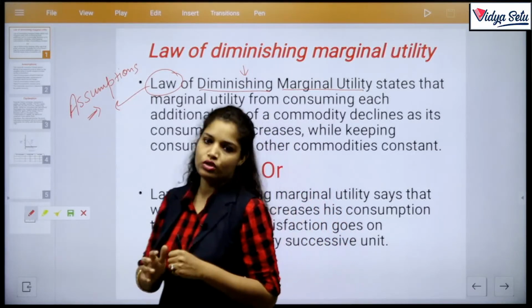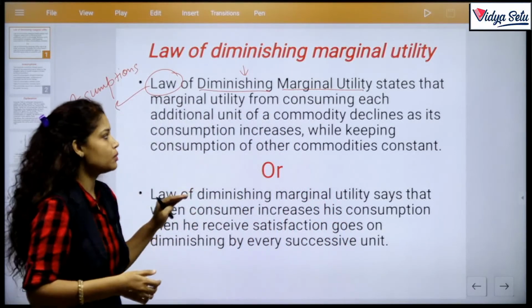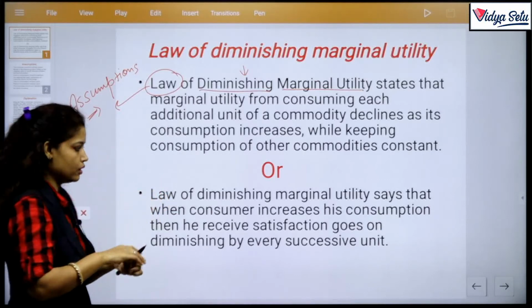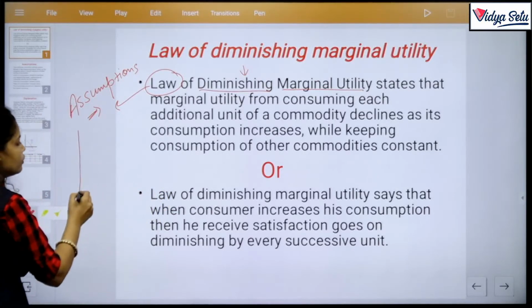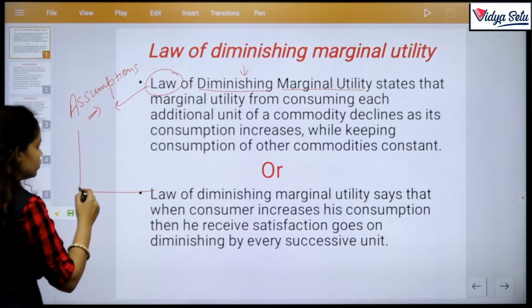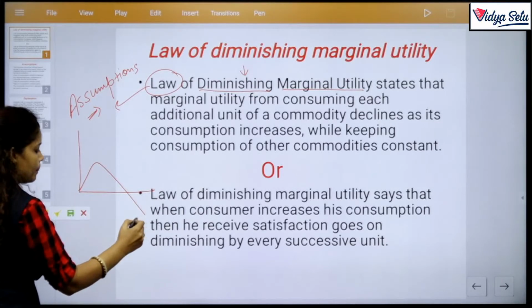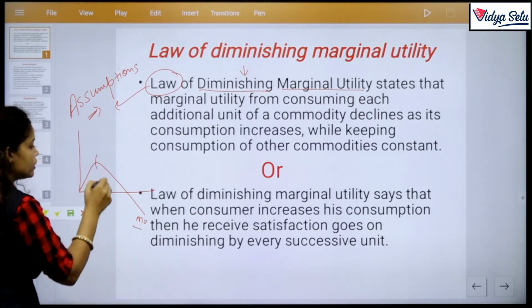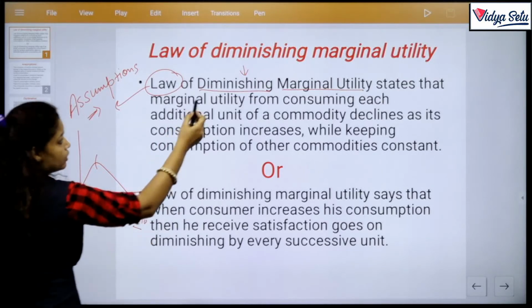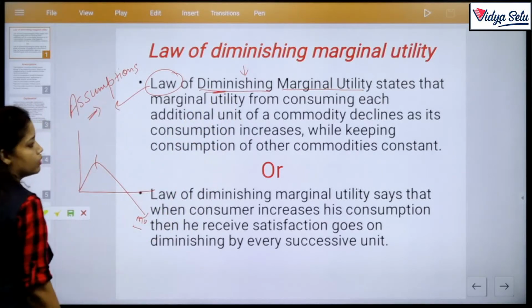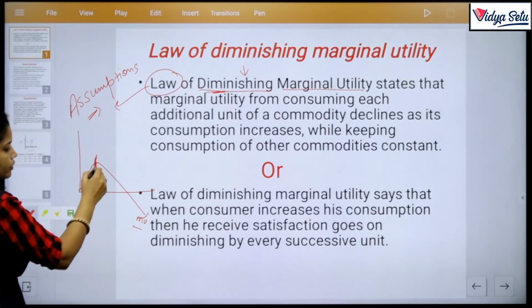So here we discuss diminishing utility. Clear? We draw the curve of diminishing marginal utility like this. Here we are on this part only, because the curve shows the diminishing, that is the decreasing part of the law.